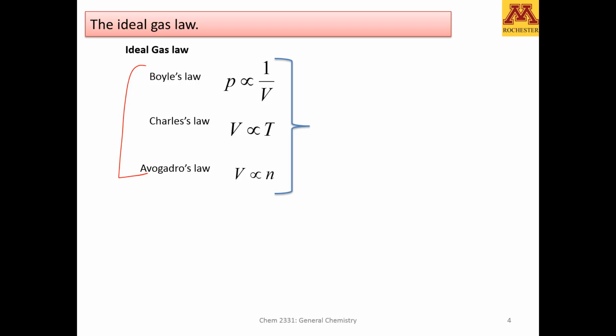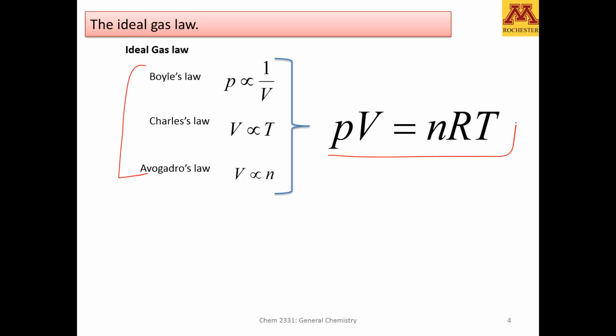Notice that we are writing Boyle's law, Charles' law, and Avogadro's law. You can combine them in one single equation. This PV = nRT, R being a constant whose value we will discuss, contains these three laws: Boyle's law, Charles' law, and Avogadro's law.